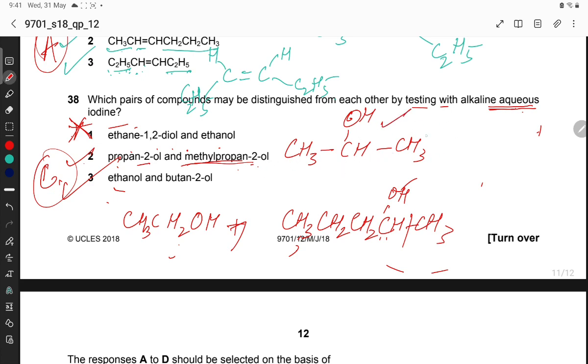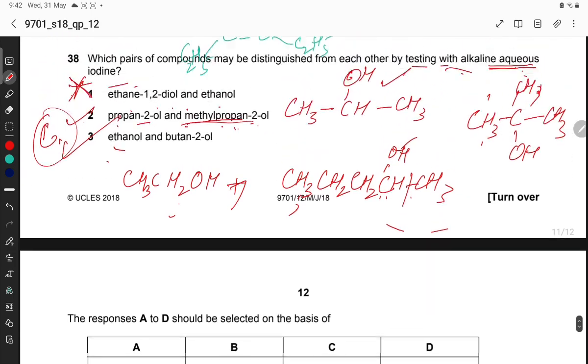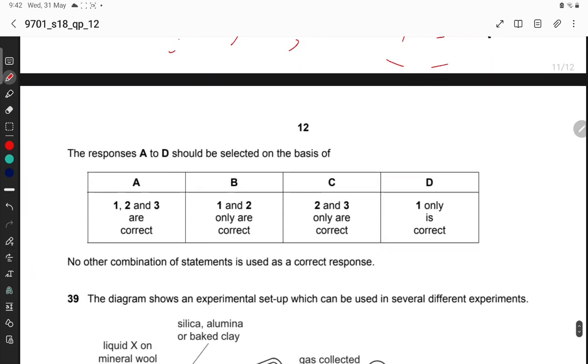It will give a positive test with alkaline aqueous iodine. But methylpropan-2-ol, CH3 OH, is a tertiary alcohol, so it will not give the positive test with alkaline aqueous iodine. So that's why C is correct.